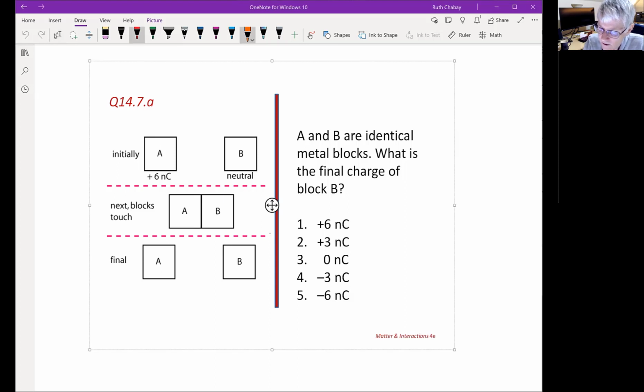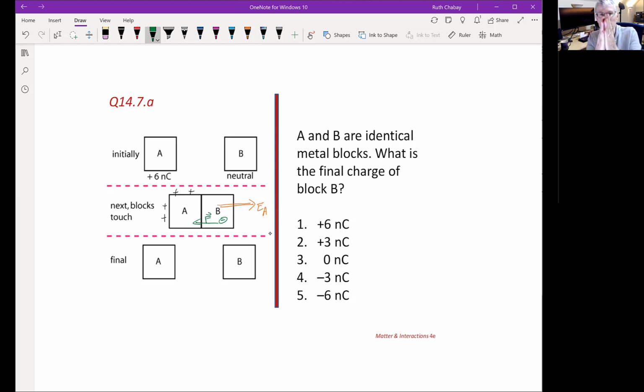We have all this positive charge here in block A, and it's certainly going to make an electric field inside block B that points away. And what's that going to do to electrons in block B? Well, if we have an electron in block B, it's certainly going to feel a force toward A. So electrons in B are going to move toward A.